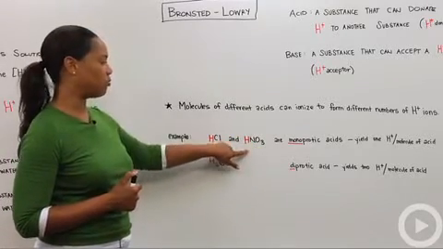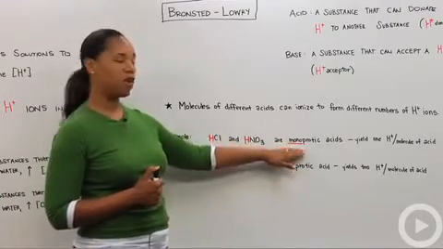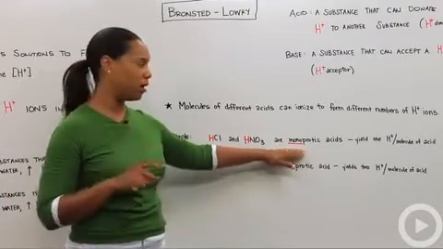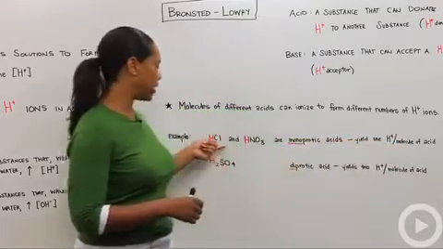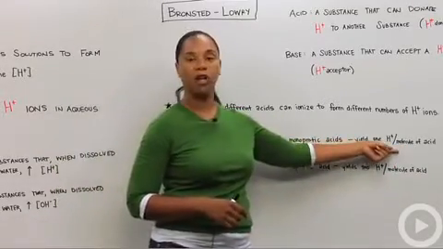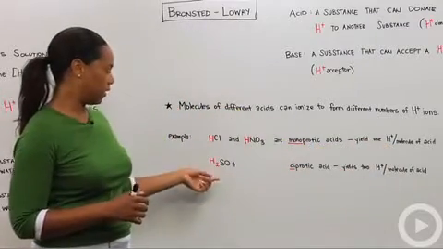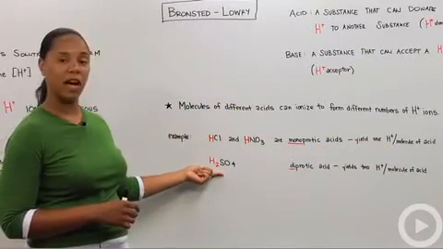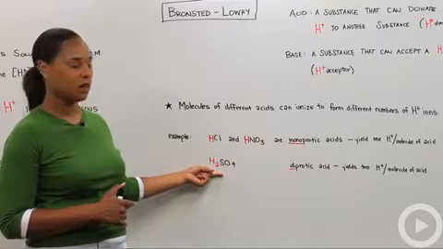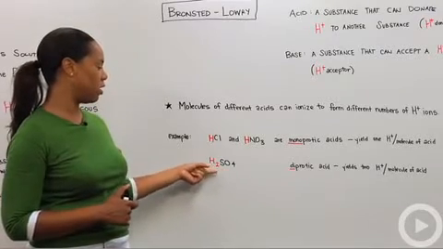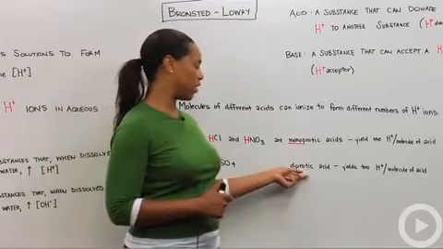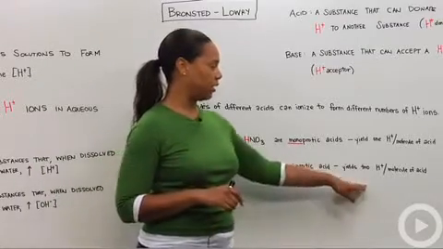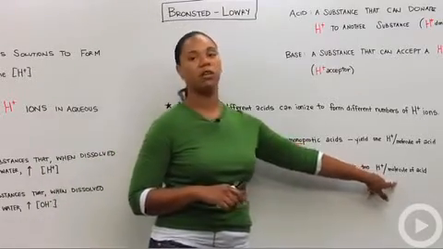And you see they each have one proton, so we call those monoprotic acids, mono meaning one proton that can be donated to the solution. So these guys yield one proton per molecule of acid. On the other side, you could have a diprotic acid. So here it's sulfuric acid, which is H2SO4, which means it's got two protons to donate to solution. So diprotic acid, di for two, and it yields two protons per molecule of acid.